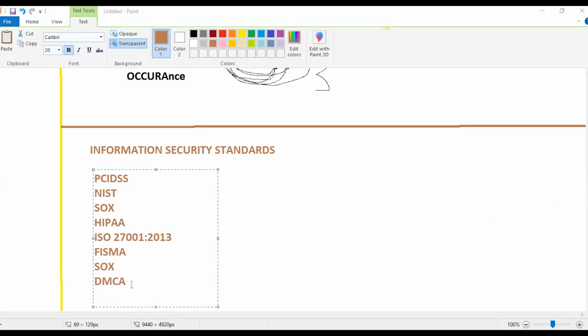Last is GDPR, General Data Protection Regulation.